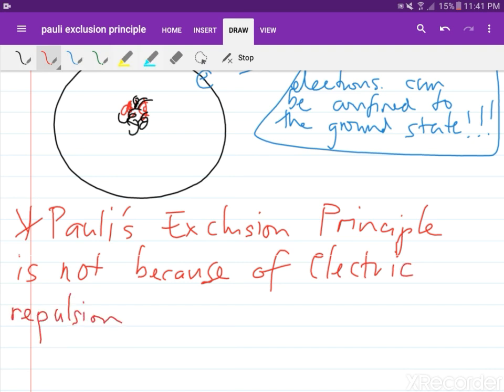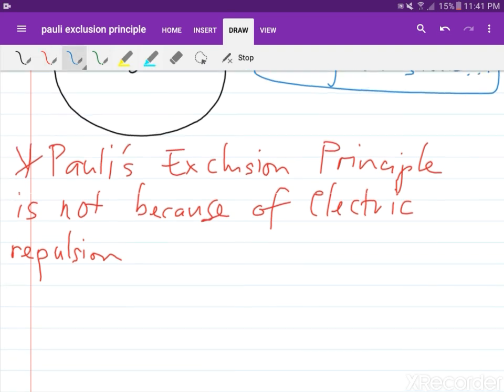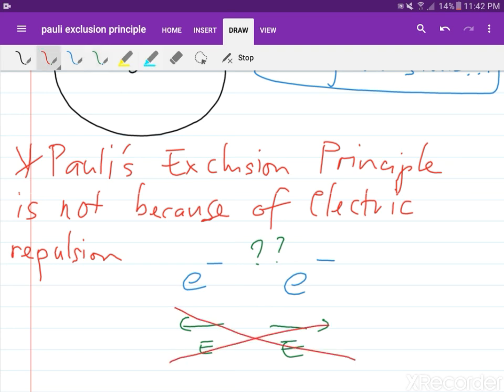You might be wondering, how come no two electrons, for example, one electron here and one electron here, cannot share the same state? This is not because of electric repulsion. This is a fundamental fact of quantum mechanics.